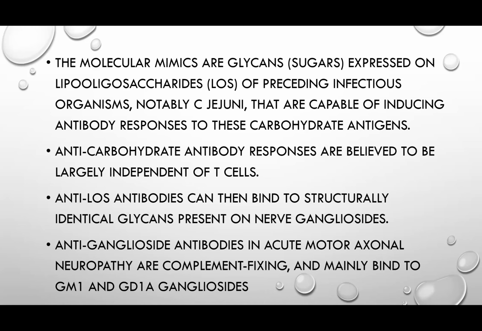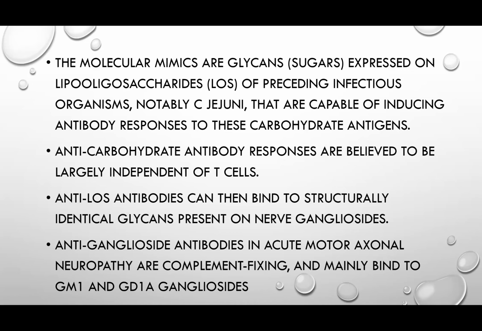So the point here is that the microorganism has a surface coat which will have glycans. Glycans are sugars. These are called lipooligosaccharides. These are the sugars on the outer covering of the organism, particularly Campylobacter jejuni.